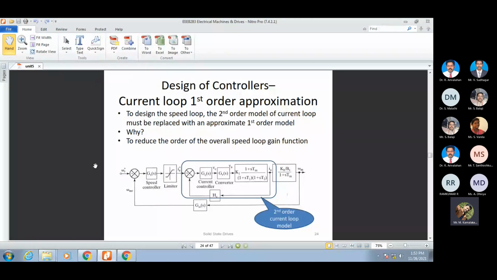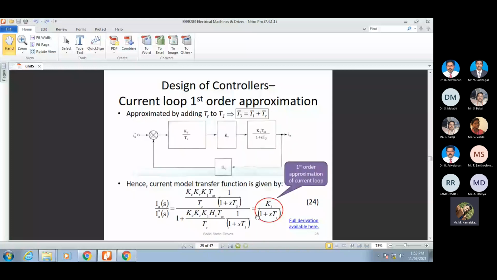For developing the speed loop, the outermost loop, we again approximate the second order system to a first order system. So we approximate this overall second order current loop system, 1 plus s into t1, 1 plus s into t2, which is nothing but a second order system, as a first order system. How we approximate it is that t1 plus tr is equal to t3.